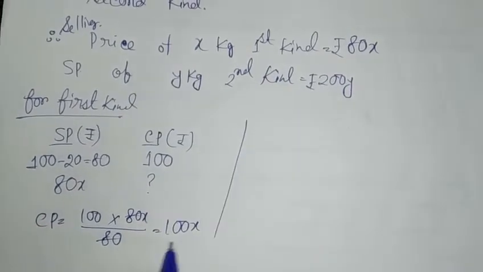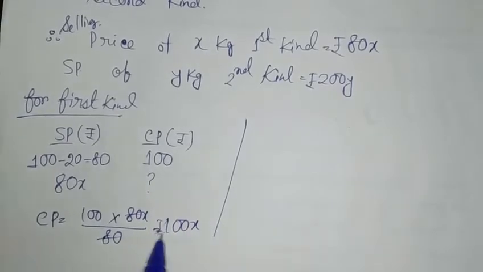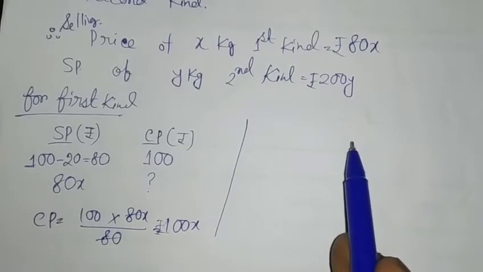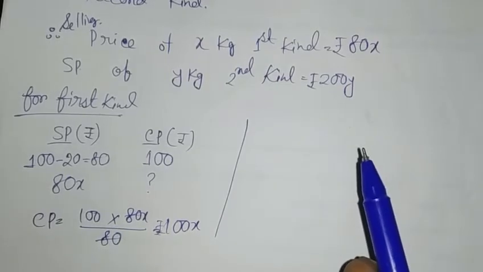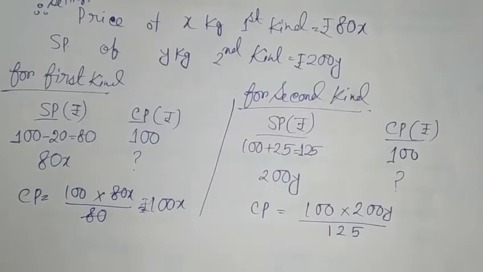So the cost price for the first kind of tea is 100x rupees. Okay, now find the second kind of tea's price in a similar way. I am skipping this part as the video gets longer.